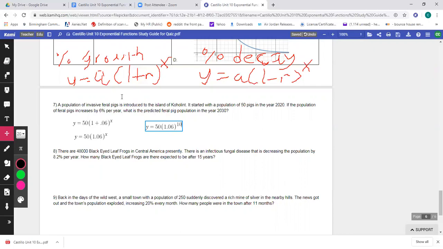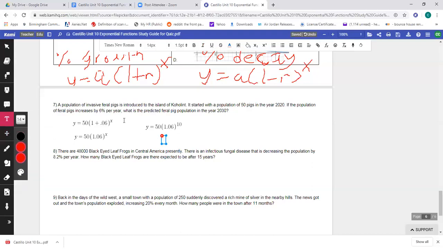So now you just go ahead and put that into your calculator. And so I get that there will be, if I round it, because this is number of pigs, you should get something like 89.5423, so on, so on.